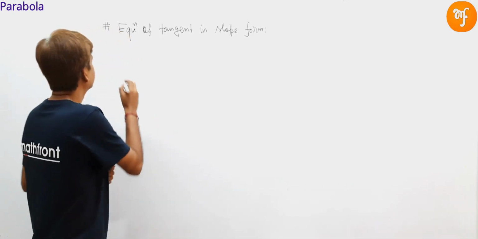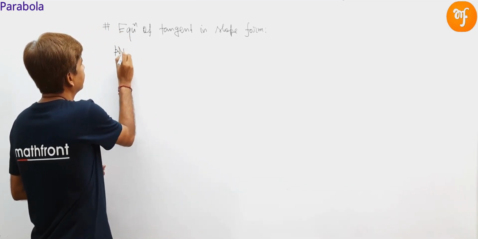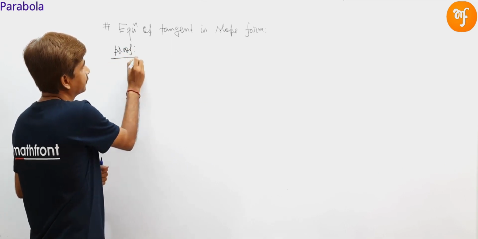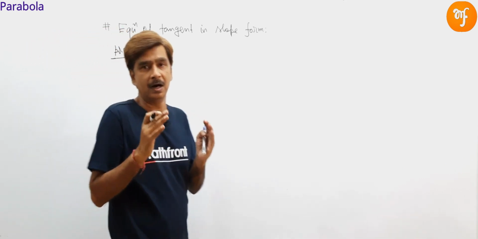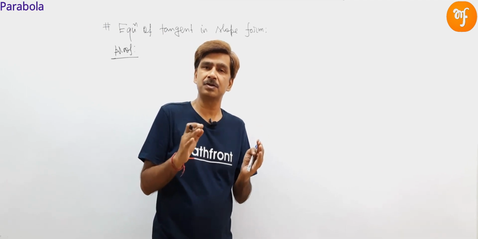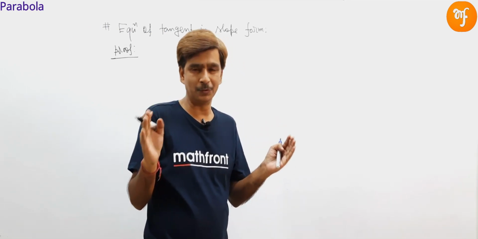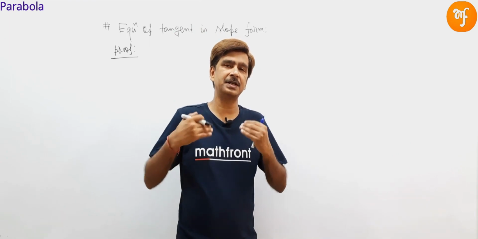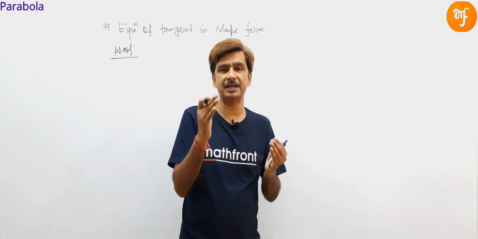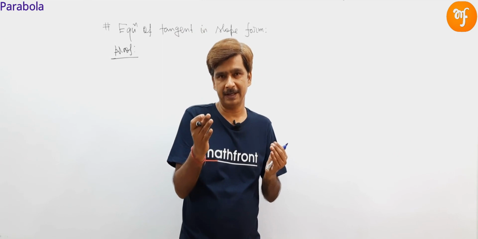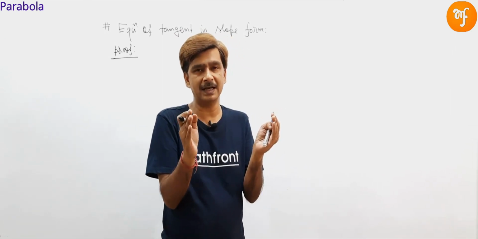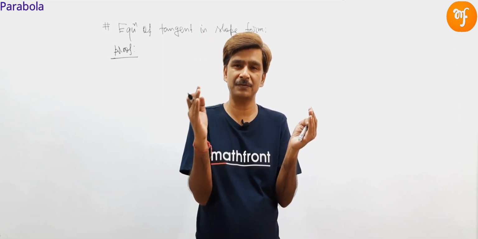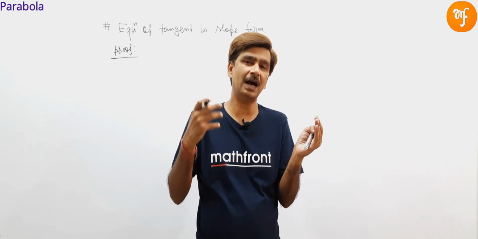So let's prove. Our equation of parabola is y square is equal to 4ax. This is known. And as we have to find the equation of the tangent in slope form, that is, if the slope of the tangent is m, then the tangent line can be written as y is equal to mx plus c, where c is unknown.